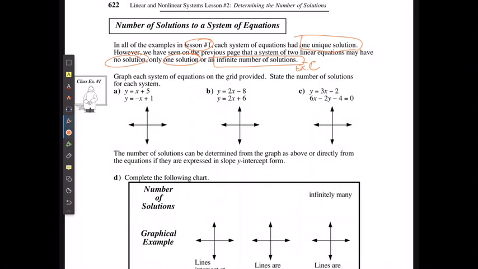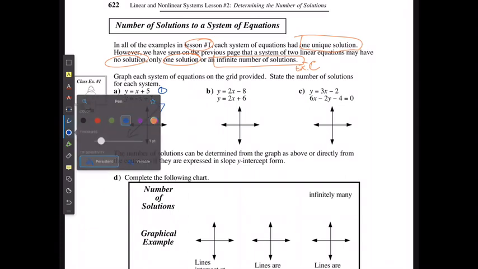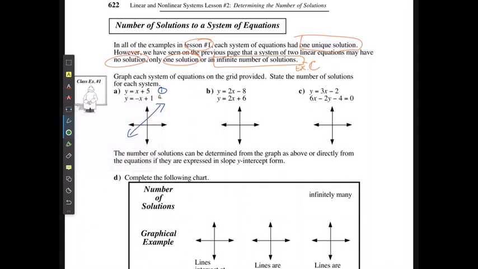So, if I'm graphing each of the systems and stating the number of solutions that exist for each of these, well, I can graph the first one, and my equation 1 is going to look like this. My equation 2 is going to look something like this.